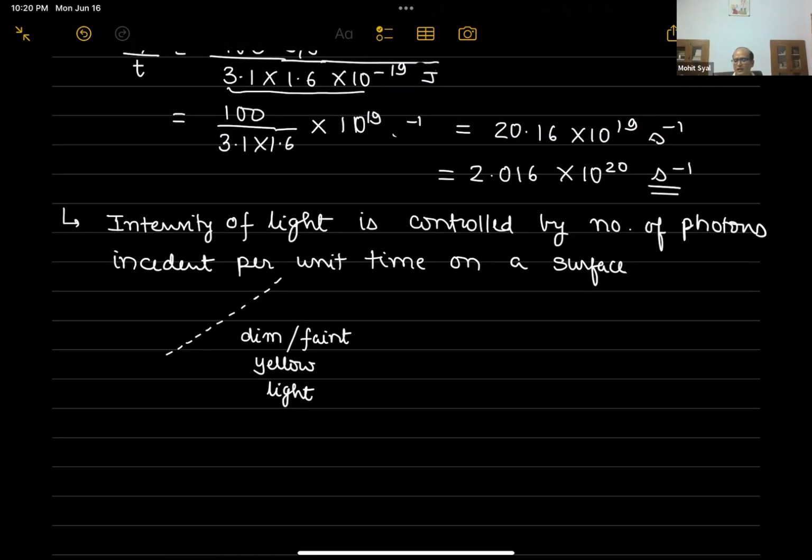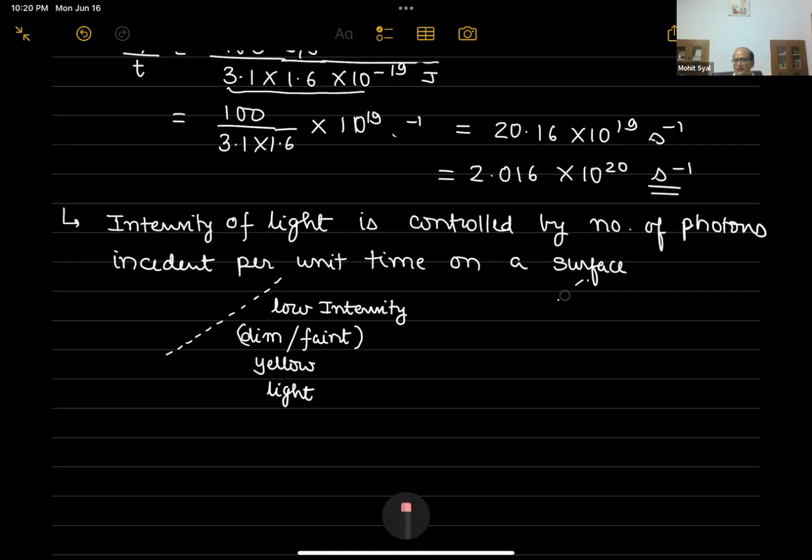And let's say it is dim, faint, or less intense, low intensity. Low intensity means dim or faint yellow light.